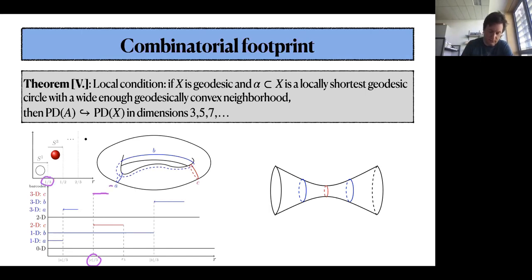And then again, you'll get a 5-dimensional bar, 7-dimensional bar, and so on. So this is a local condition. You don't need to consider the entire space. As long as you have a nice neighborhood, you know that this is a combinatorial pattern that appears in your persistence diagram.